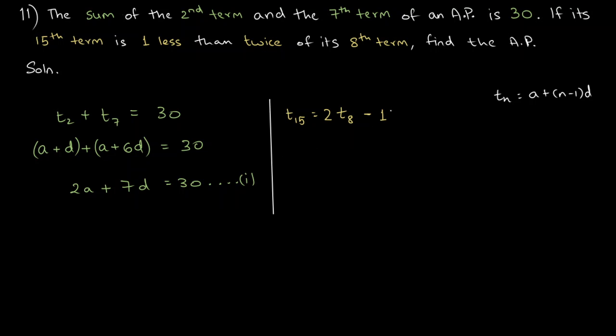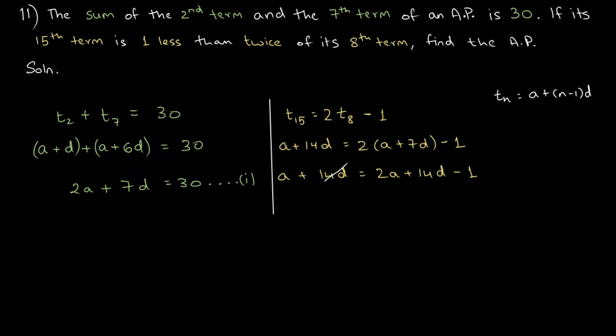So writing all of these now in terms of A and D, T15 can be written as A plus 14D. 2 into T8 is A plus 7D minus 1. All right. Now, opening up the brackets on the right hand side. So I have A plus 14D is equal to 2A plus 14D minus 1. Oh, that's nice.